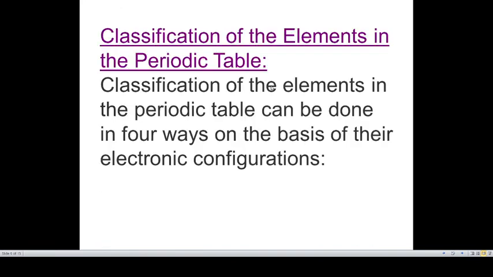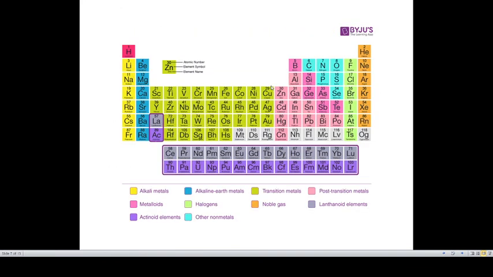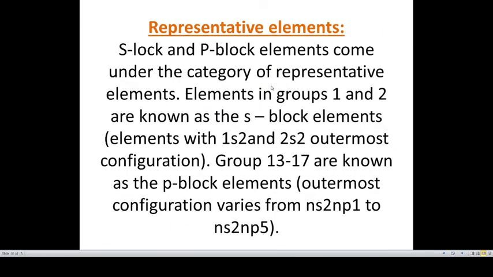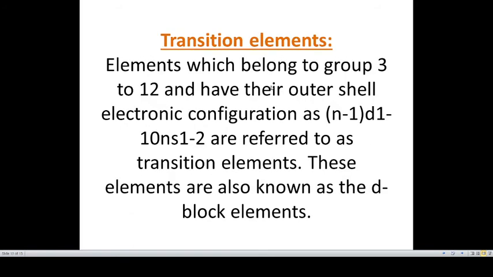Okay, so S, P, D. S block is groups 1 and 2, 13 to 17 will come under P block, and 3 to 12 will come under the D block.